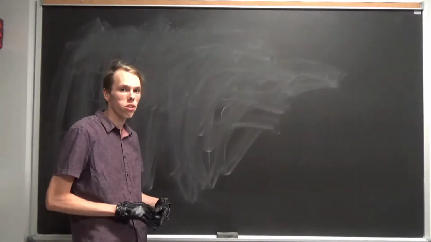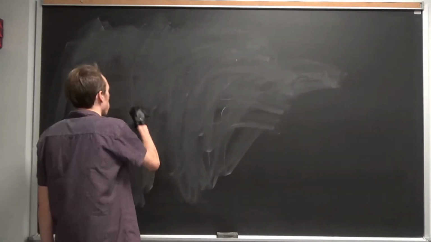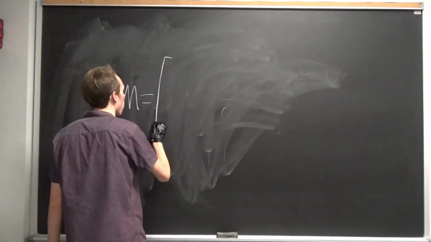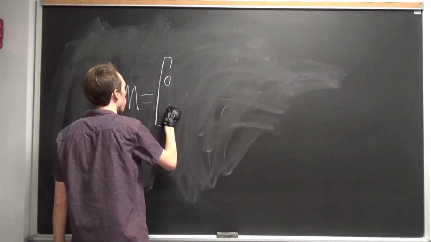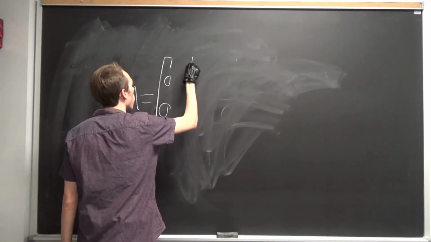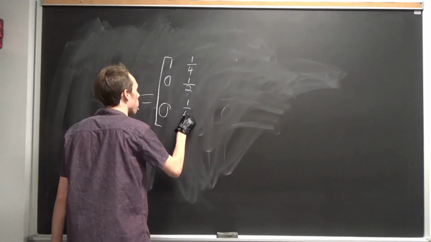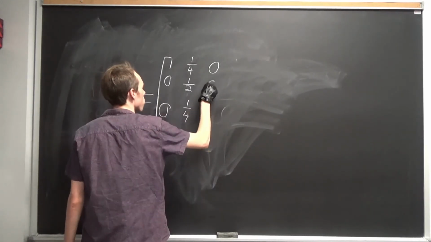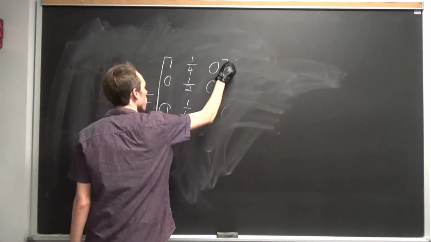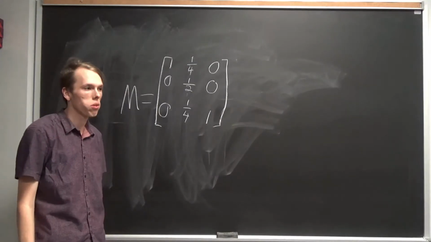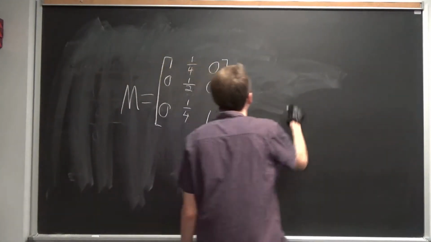Thus, the probability transition matrix looks like. And the system can be expressed as a Markov chain as follows.